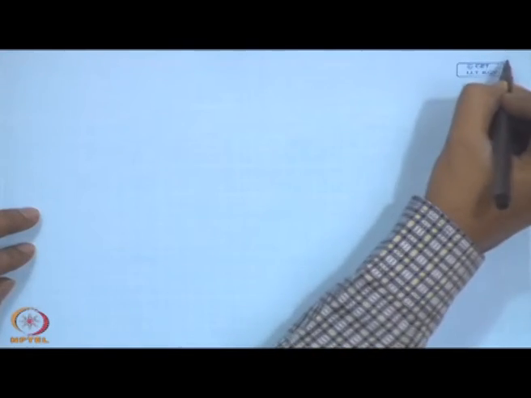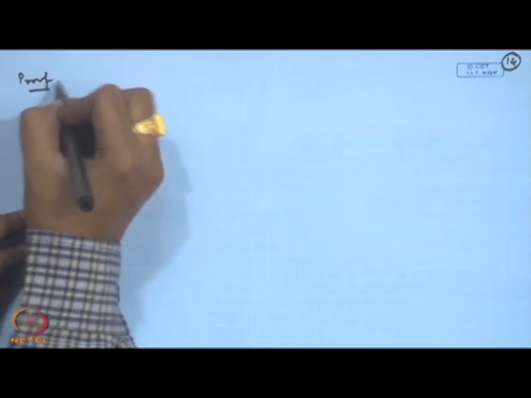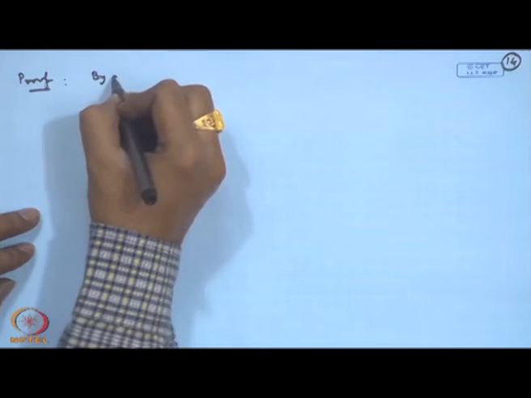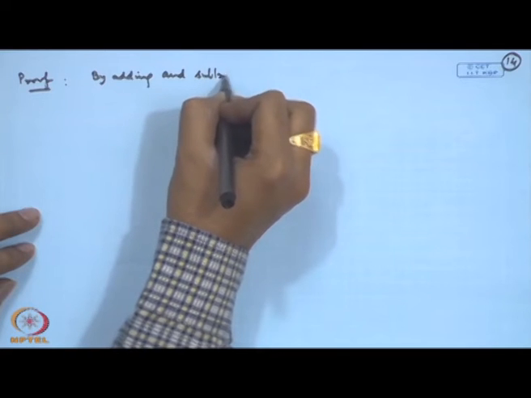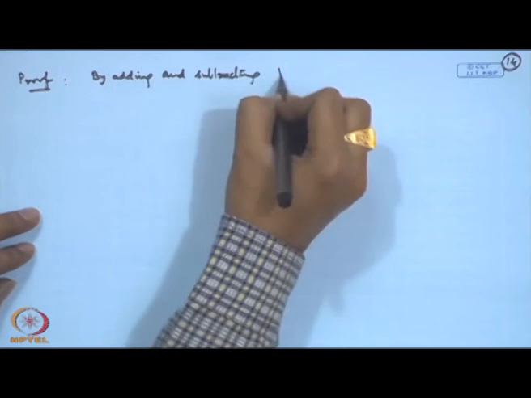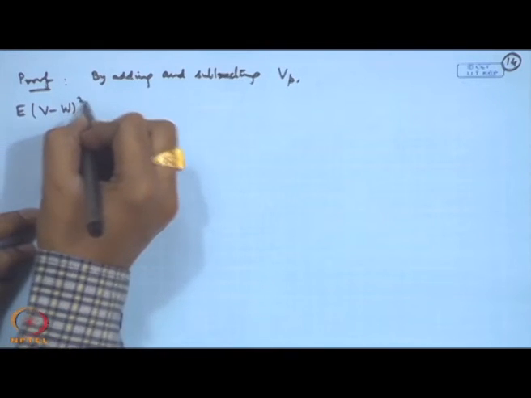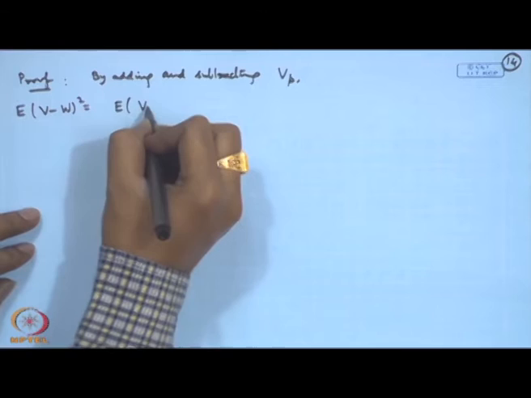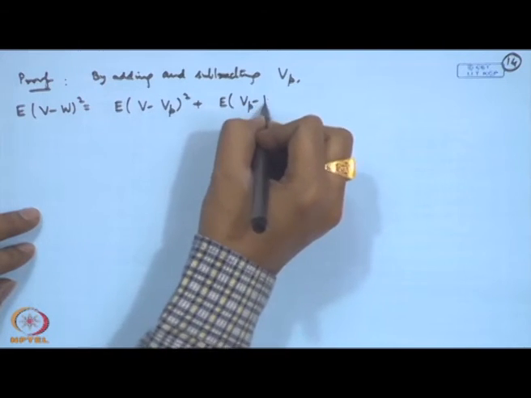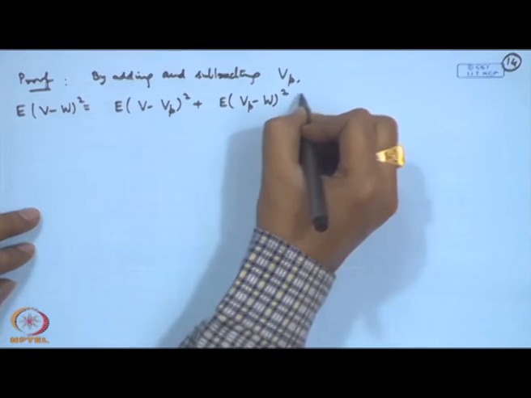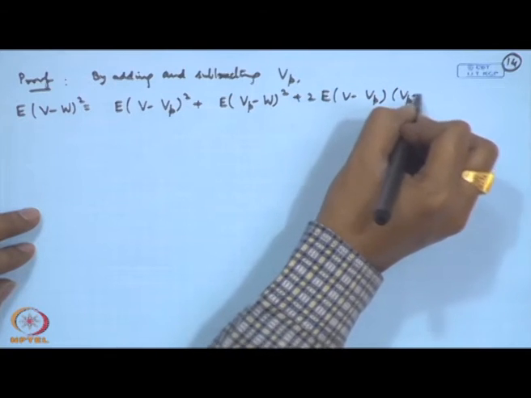Let us look at the proof of this here, by adding and subtracting V_p. So, expectation of (V minus W) square is equal to expectation of (V minus V_p) square plus expectation of (V_p minus W) square plus twice expectation of (V minus V_p)(V_p minus W).